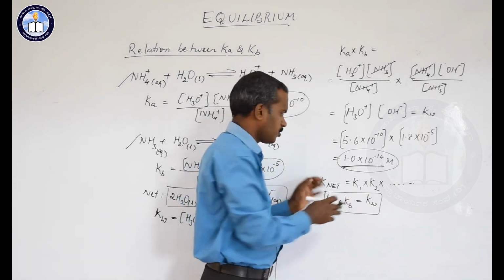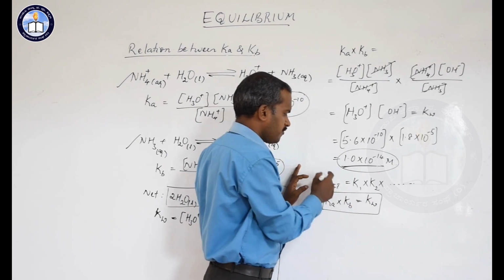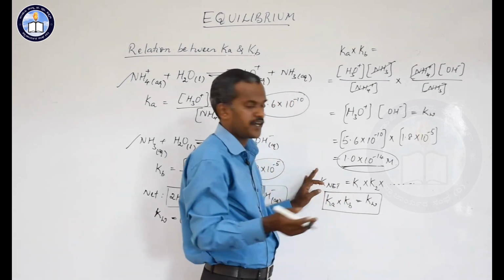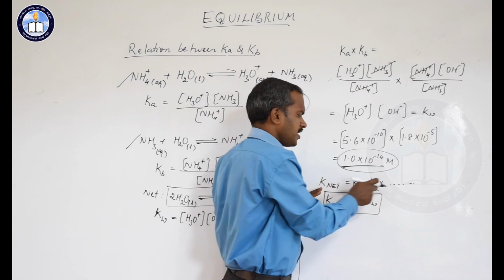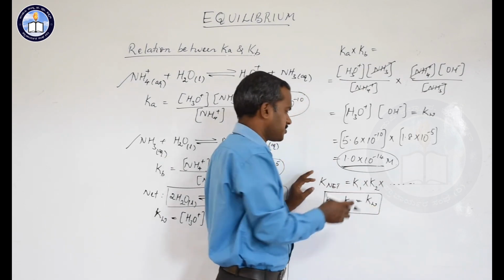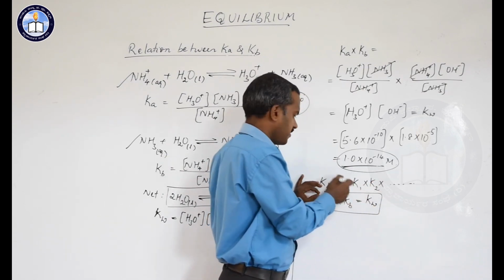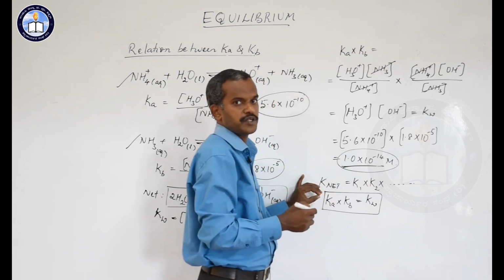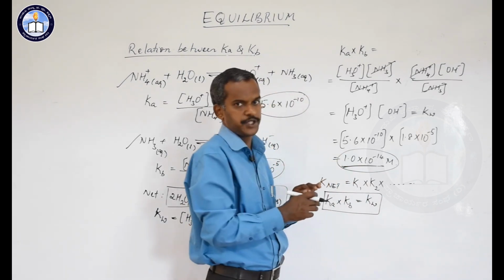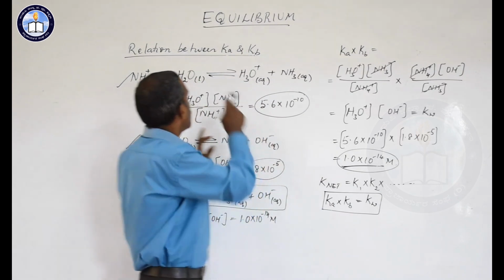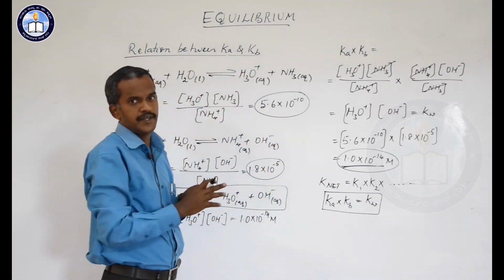This is for conjugate acid base pair. Are you clear? It is only for conjugate acid base pair. For other substances, if there is more than one reaction, we consider n number of dissociation constants; just multiplication of those will give the dissociation constant for the net reaction. So that is about the relation between Ka and Kb. I hope you understood.